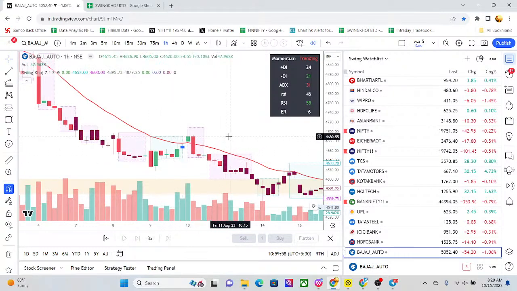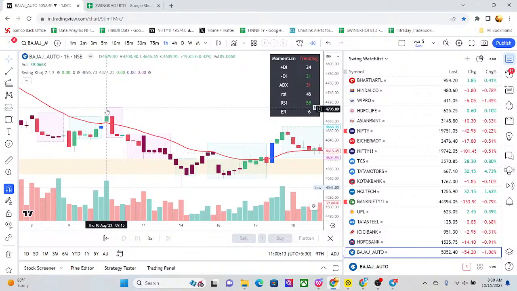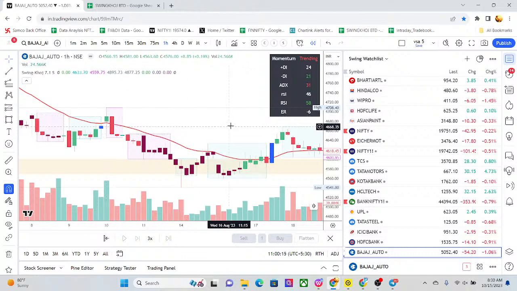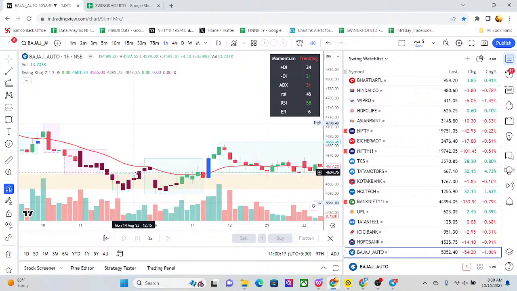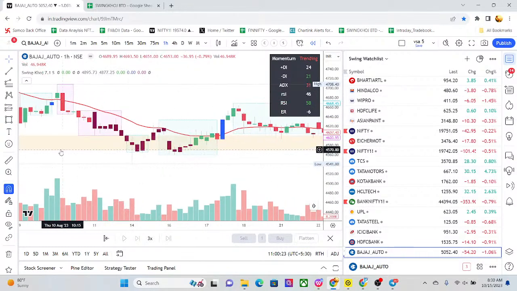So we didn't get any close above this blue area, but once we get a blue box, we can enter. You can see here we got a blue box, confirming an entry with close above. This is not close above, right? Here we can see blue box with close above. So this is an entry. Stop loss will be this.